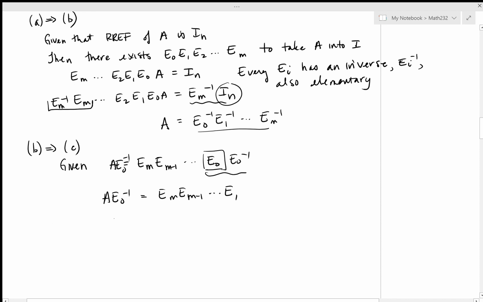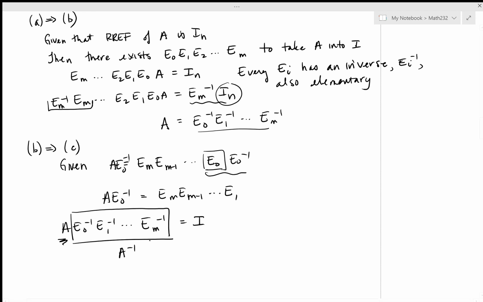I end up with A times E_0 to the minus 1, E_1 to the minus 1, and so on, all the way down to E_M to the minus 1, equals I. And then I look at this and think, okay, A times something is I. This something is the inverse of A, because that is what it means. If you take a matrix and multiply it by another matrix and it comes out to I, then the matrix that you multiplied by is the inverse. Therefore, A is invertible.